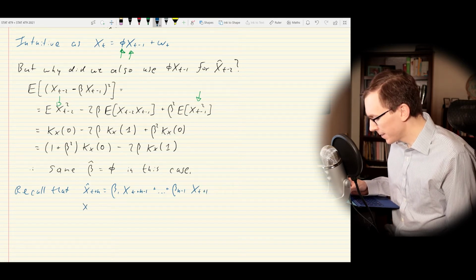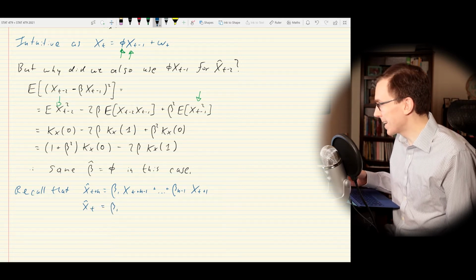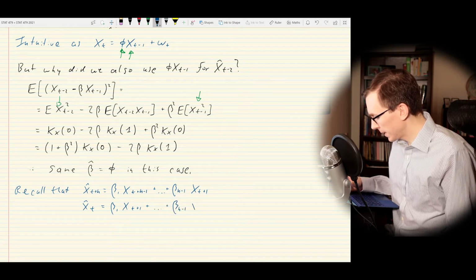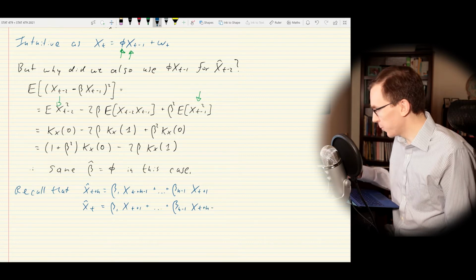And over here, I claimed from last time, without actually explaining it, that we would have the exact same coefficients, just going in reverse order, up to x t plus h minus 1.